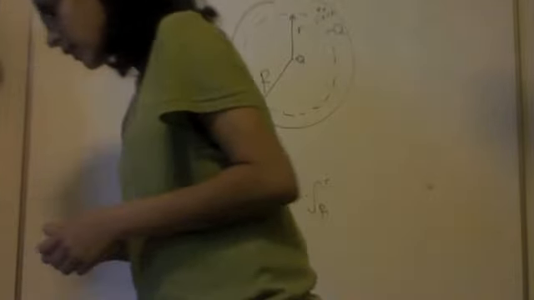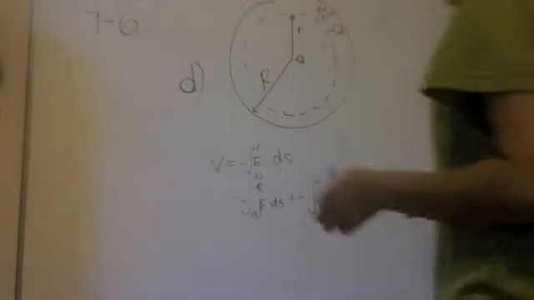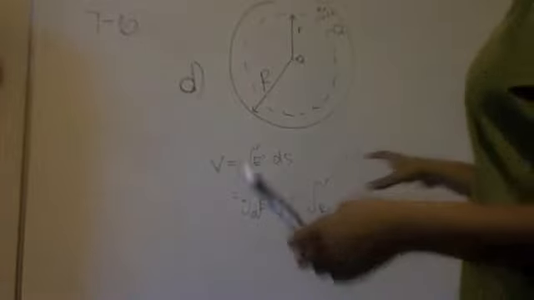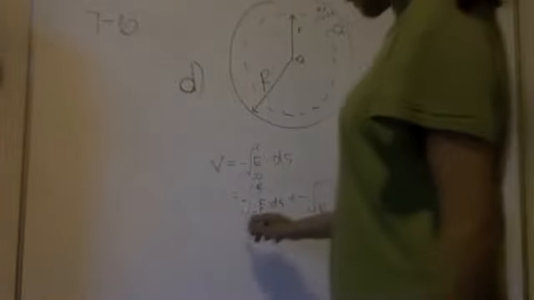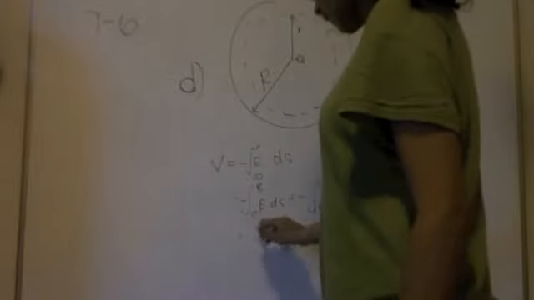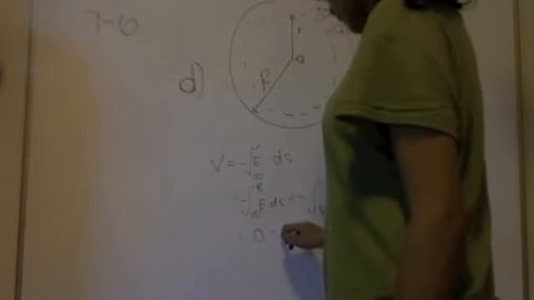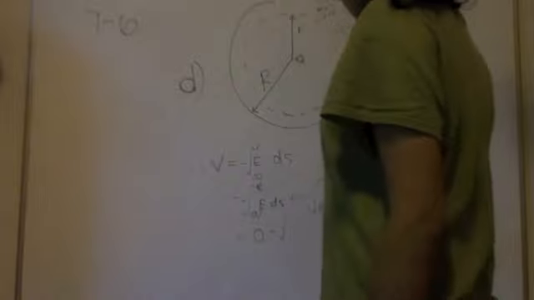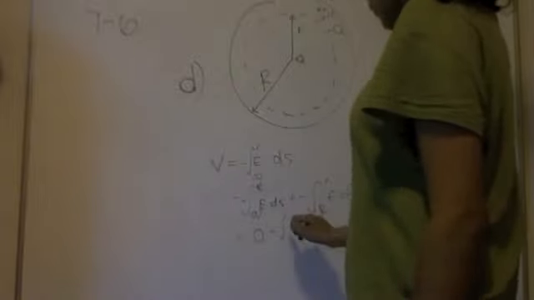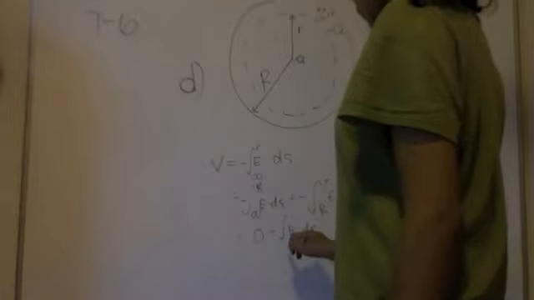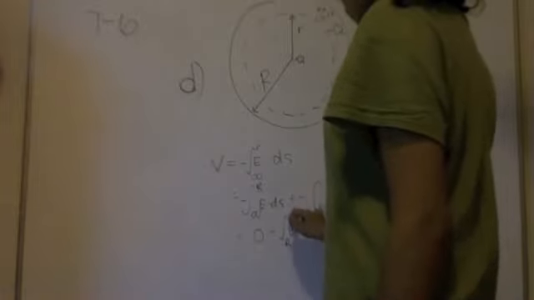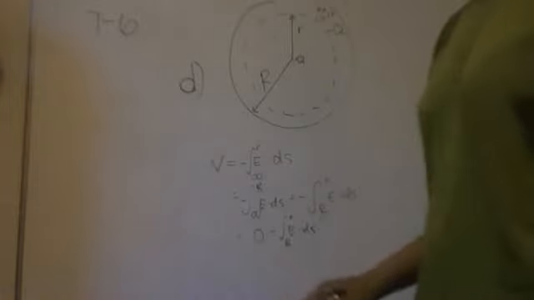Since the electric field outside of the sphere, as we determined in part B, is 0, this is going to give us 0, and then minus the integral of E dot ds from big R to little r.